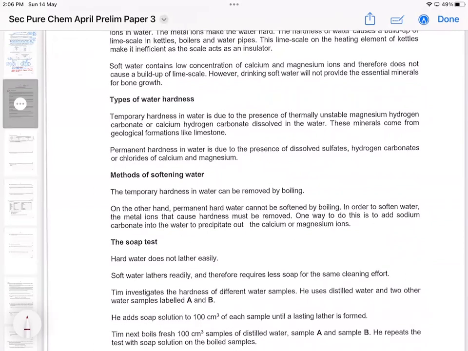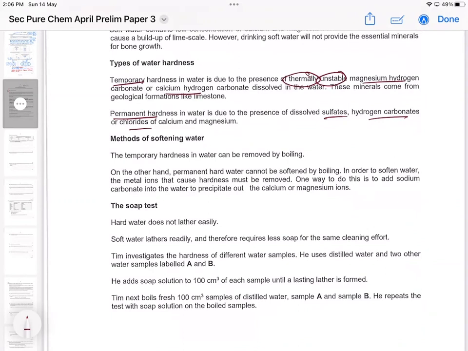So what we can see here is that anything that's temporary hardness is due to thermally unstable compounds like this. Permanent hardness is due to sulfates, hydrocarbonates, or chlorides. So fundamentally, this is the classification. Softening means removal.